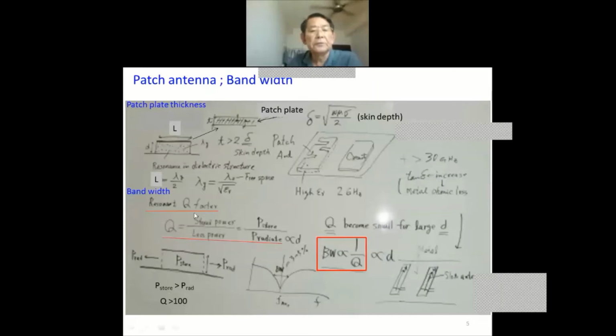So the bandwidth of a patch antenna, bandwidth is proportional to the inverse of Q. So this is almost larger than 100.